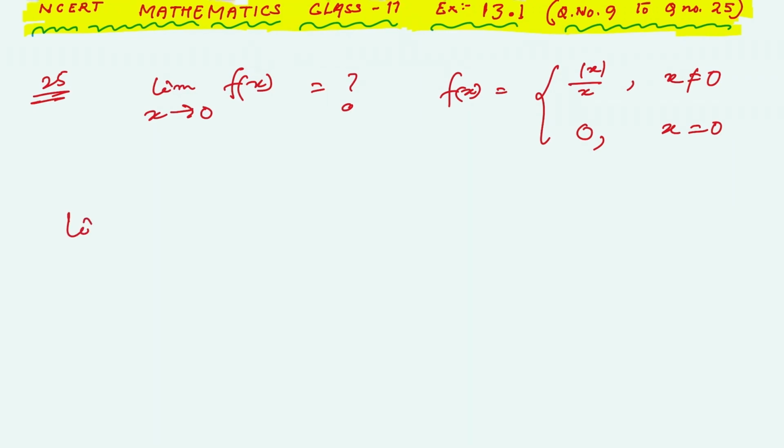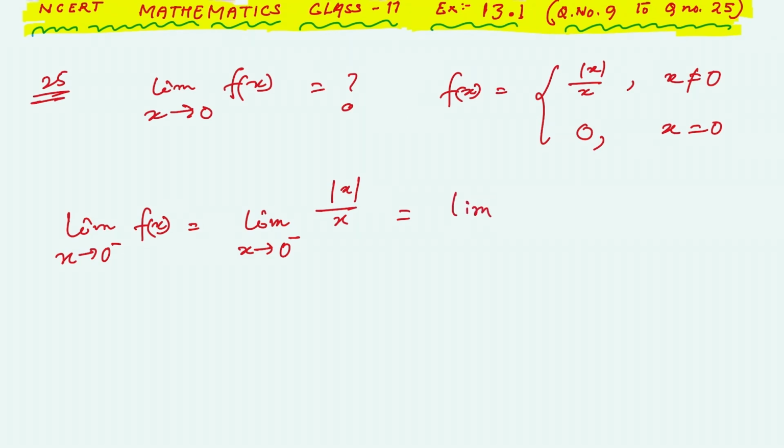So now here you see the limit as x tends to 0 negative means the left hand limit of f of x, when x is not equal to 0. So if x is less than 0, then here we have to write minus x by x, isn't it?